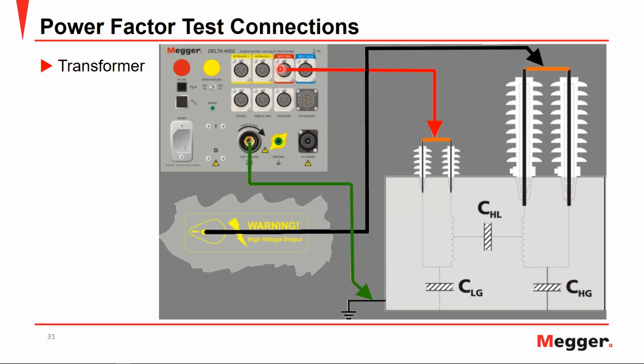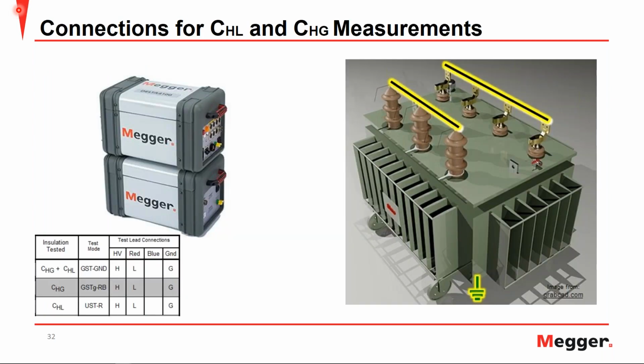And then the red measurement lead shown here that comes out and connects to the low side that's been shorted. So here you'd be performing measurements on the high side, either CHL or CHG or a combined test. Speaking of that, here's kind of another view of the connections themselves for the high side measurements.